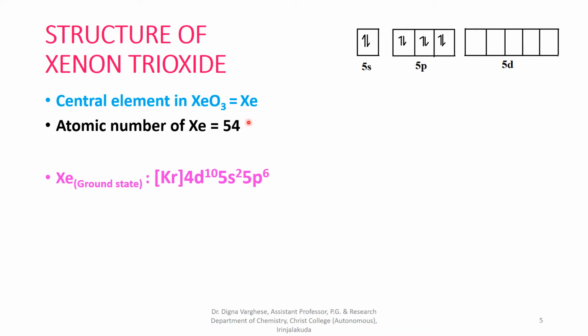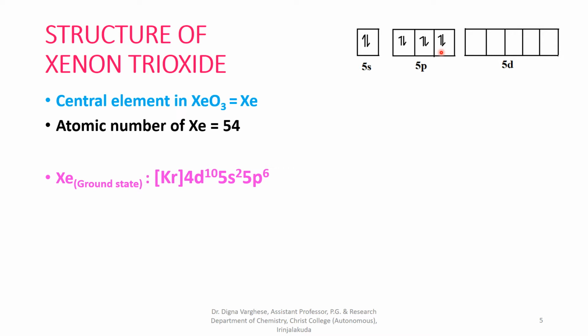In the case of xenon trioxide, there are 3 sigma bonds between xenon and oxygen. Therefore, a xenon atom needs 3 unpaired electrons to make 3 bonds with oxygen atoms.